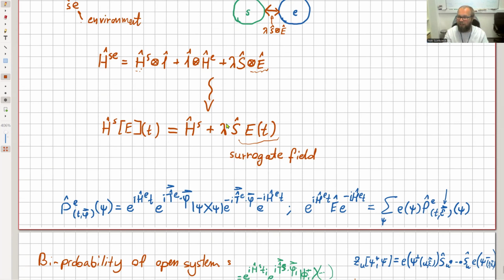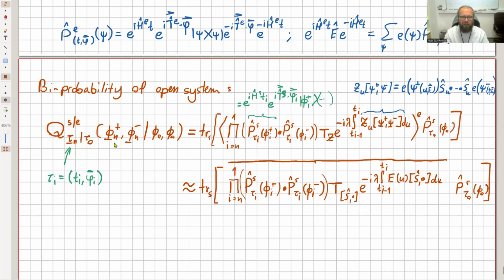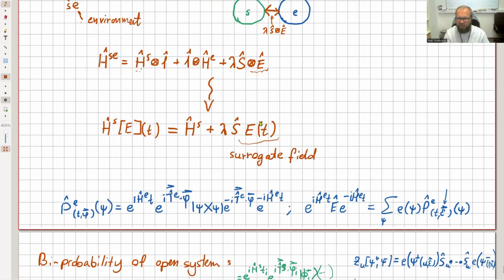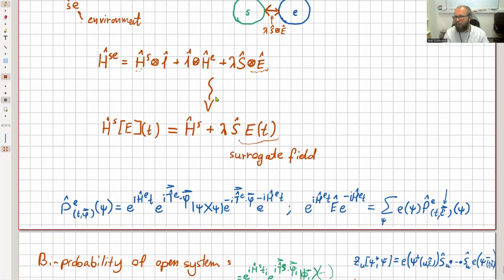This surrogate field representation is a valid simulation when the probability distributions for the open system S, which are defined in this way, with an explicit averaging over the trajectories of the environment, are accurately approximated by probabilities generated by coupling to the stochastic process E. Then we will consider our simulation to be valid, and the approximation to be accurate.